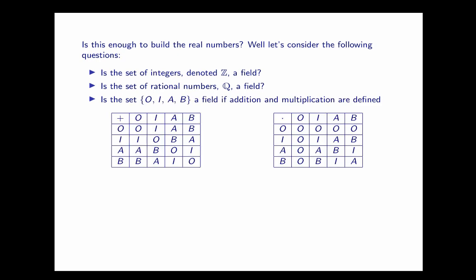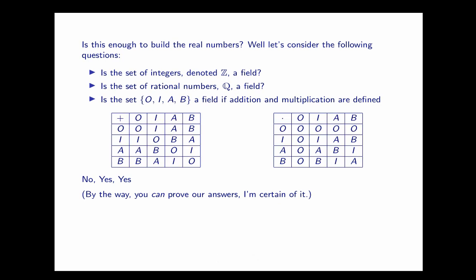Is the set of 4 elements, 0, 1, a, b, a field if I define addition and multiplication according to the following tables? Do those tables and the way they define addition and multiplication satisfy all of the axioms of a field that I just went over? No, yes, yes are the answers to those questions.